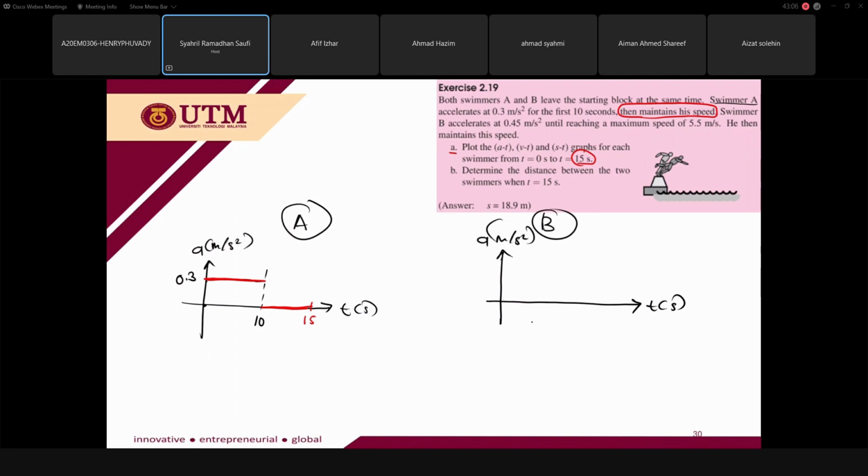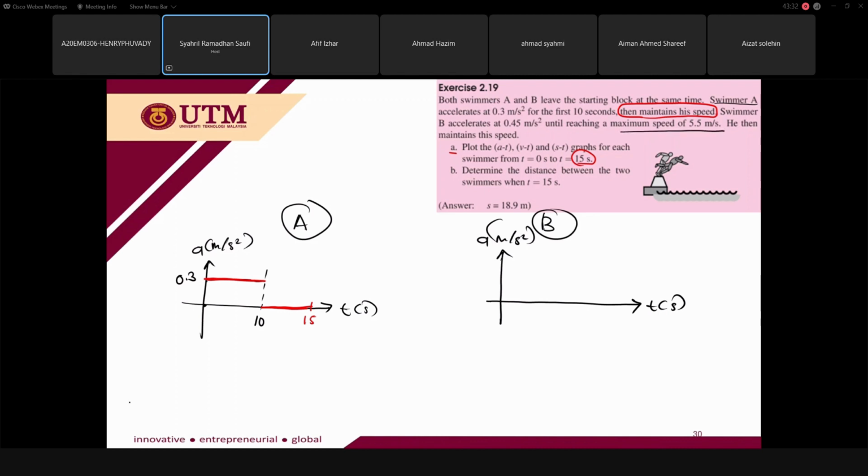For swimmer B, it's mentioned that he accelerates at 0.45 meter per second squared until reaching a maximum speed of 5.5 meter per second. Now for swimmer B you don't have the information on the time he stops accelerating, but it provides the maximum speed.